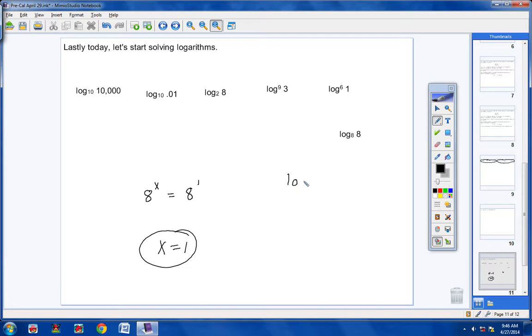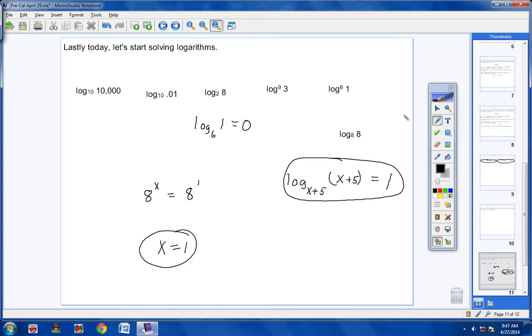I don't care if you're given a really difficult logarithm like this: log base x plus 5 of x plus 5. If your base matches your argument identically, you know right away the entire logarithm always equals 1. You're finished. And remember what I taught you over here. Log base 6 of 1. Anytime your argument is 1, then the whole logarithm will always equal 0. That's the last problem we did, okay, the one before this one.